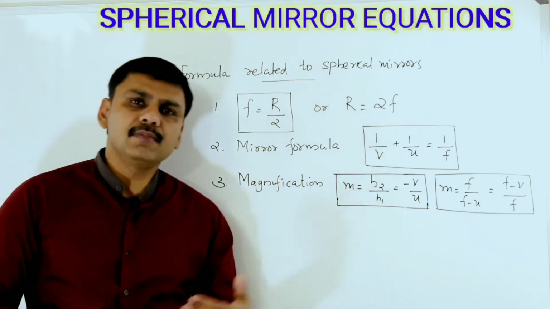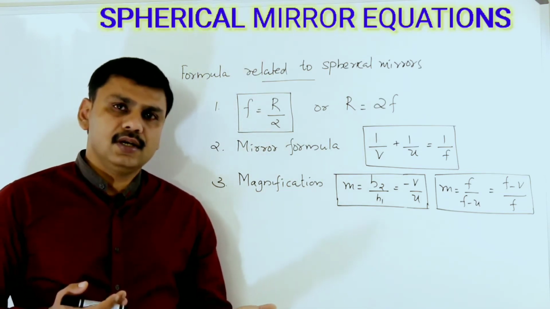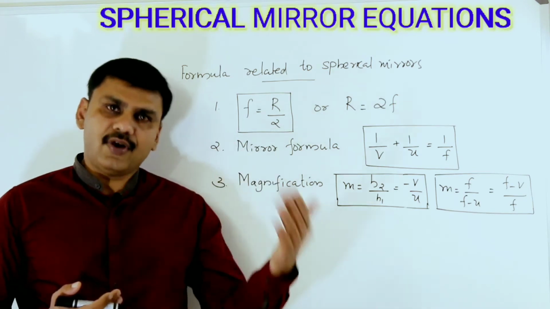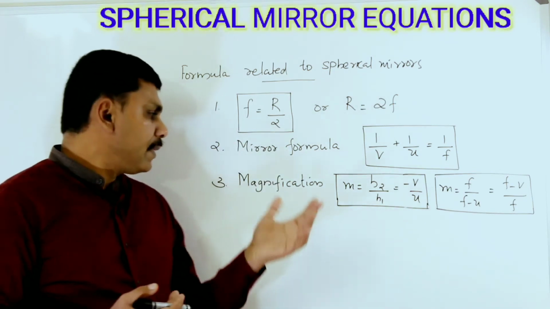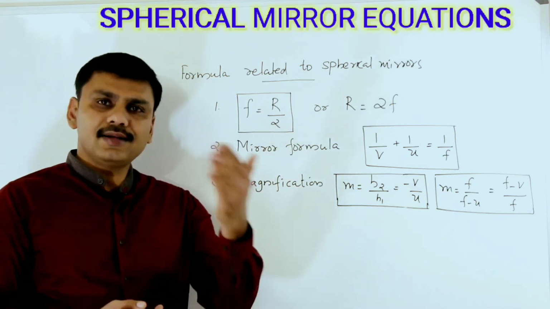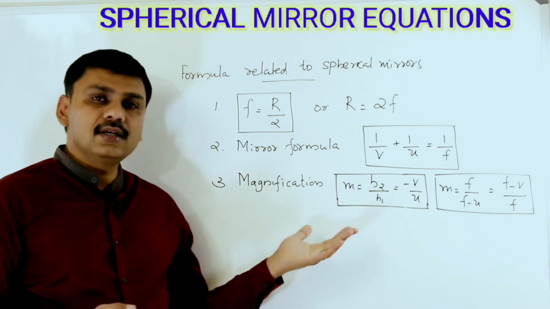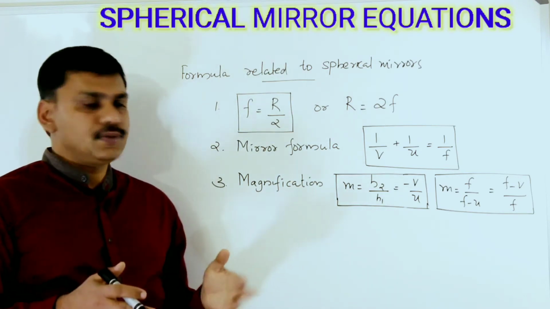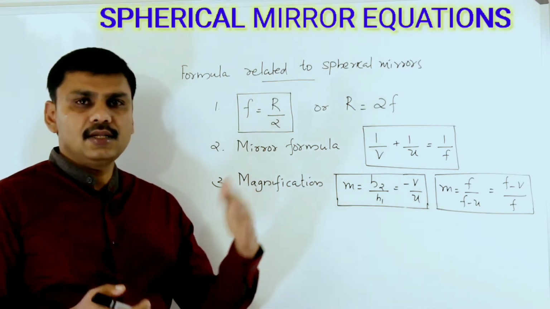If the size of the image is more than the size of the object, the image is magnified. If the size of the image is less than the size of the object, the image is diminished.